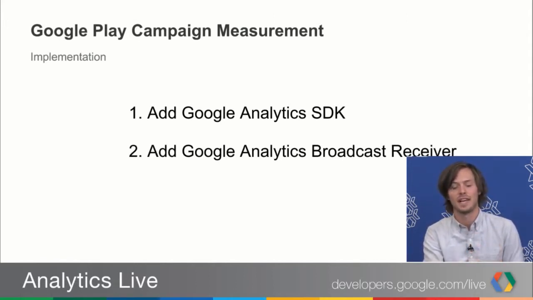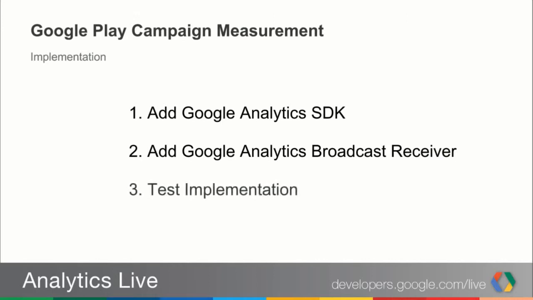Then you need to add this GA broadcast receiver. Then this is optional, really, but it's a good idea to test the implementation just to make sure it works. A lot of times, if it doesn't work and you push the app to Google Play Store, then you've got to push it all over again just to start getting campaign information, and that's a pain, so it's good to test. And then 4, to generate your Google Play URLs, the URLs you're going to be using to send people to your app's page on Google Play.